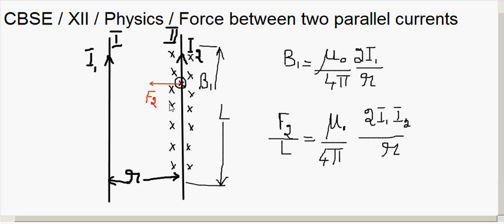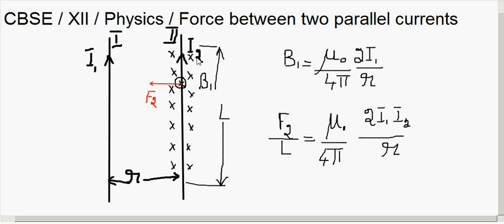Now this we have derived, that is the force due to the magnetic field produced by current I1. Now the current carrying conductor I1 is placed near the current carrying conductor I2. The first wire also experiences a force because of the magnetic field produced by the second wire. The second wire has a current I2, and this will produce a magnetic field around it.